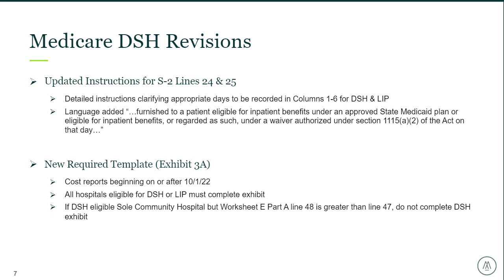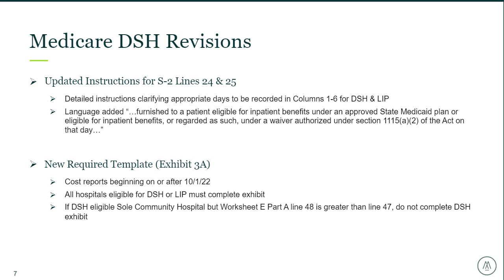CMS added specific language for each column now, and I'll read it from the slide as I think it's an important point they added. Each category of day is furnished to a patient eligible for inpatient benefits under an approved state Medicaid plan, or eligible for inpatient benefits or regarded as such under a waiver authorized under Section 1115A2 of the Act on that day.